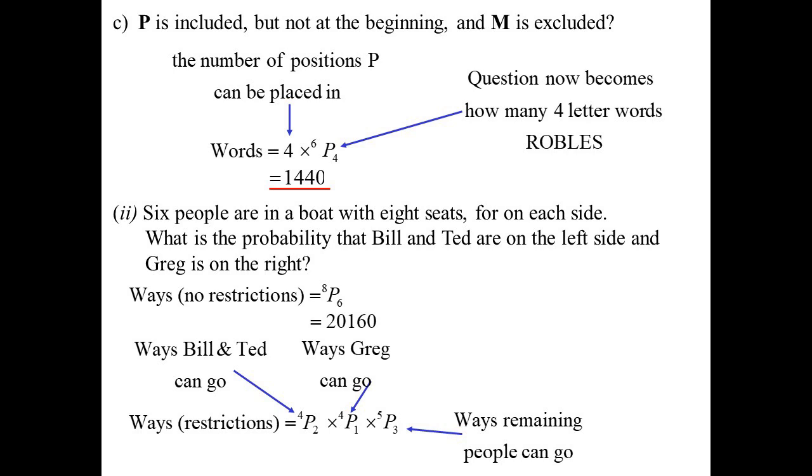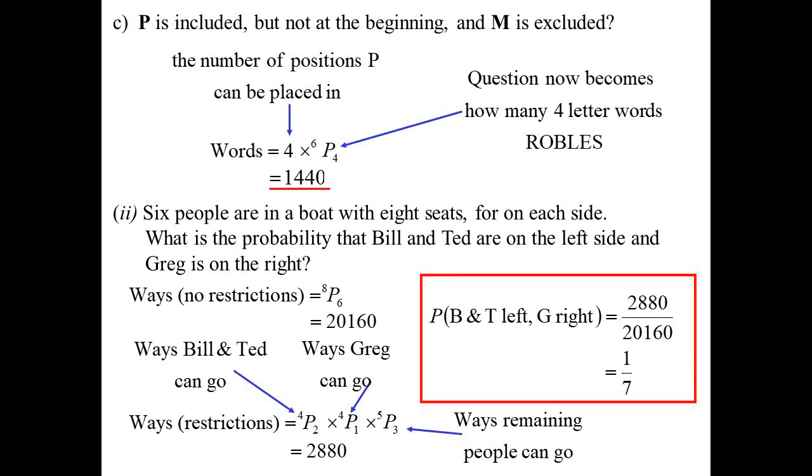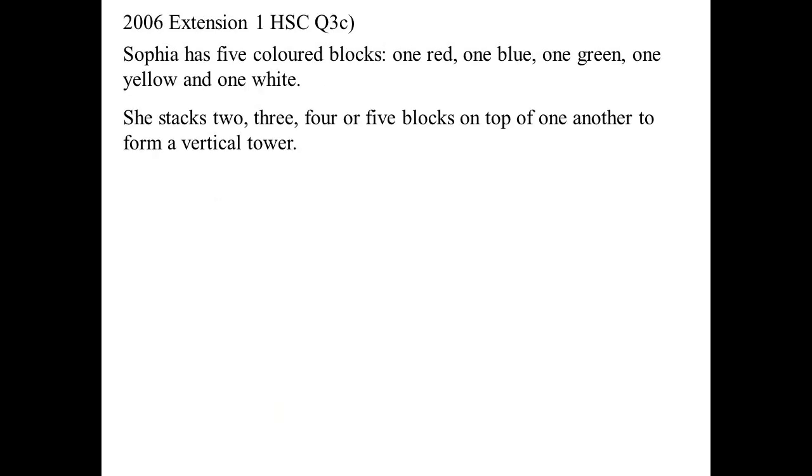So 5P3. That's how many ways are left to go. Multiplying that all together, 2,880. Our question was, what is the probability that this happens? So it must be 2,880 on 20,160, 1 in 7. 1 in 7. No tree diagrams, no sample space. Bang, we got the answer.